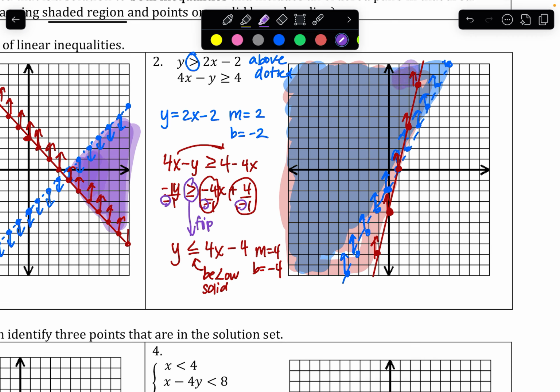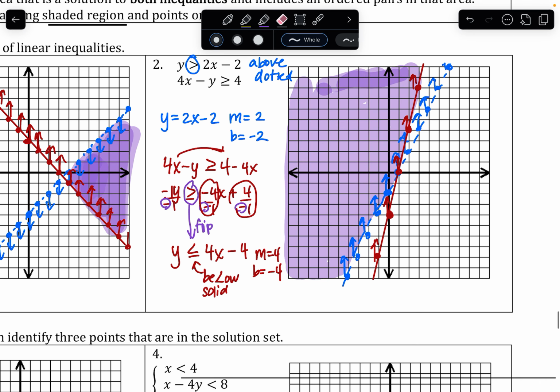And so staying above the red, but then also staying above the blue. Okay, so let me see. Get rid of that. So just this region over here.